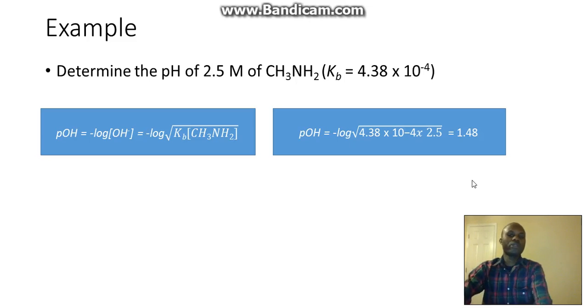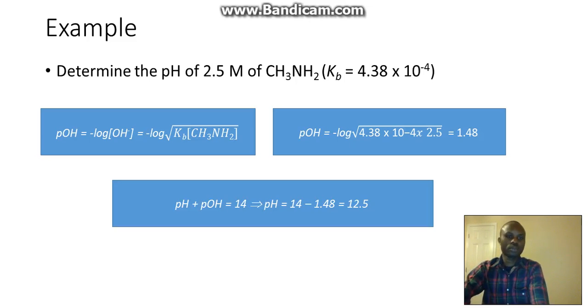It means it has a lot of OH ions in there. But pH plus pOH is equal to 14. Therefore, the pH of this solution is equal to 14 minus 1.48, which is 12.5. So immediately, if you have a pH of 12.5, you know that you are dealing with a base, because the pH in that case is greater than 7.